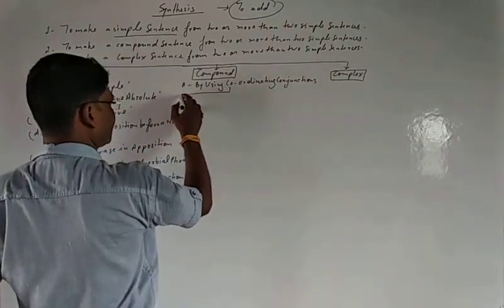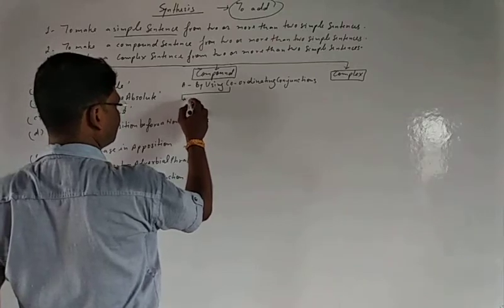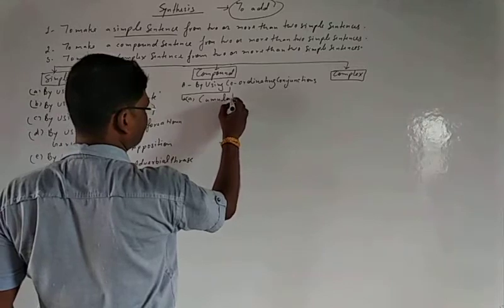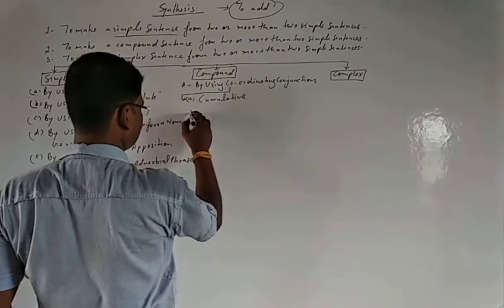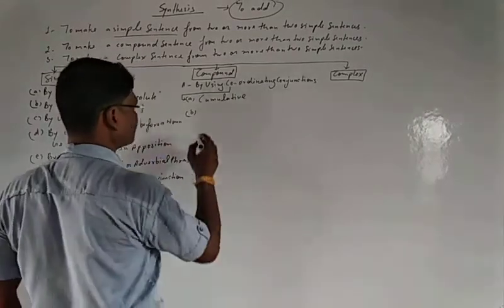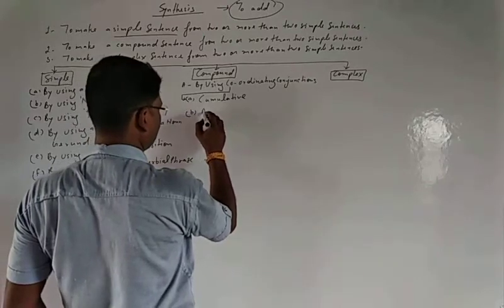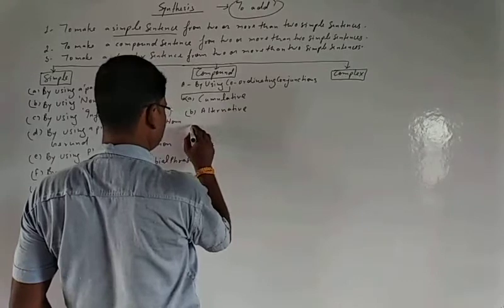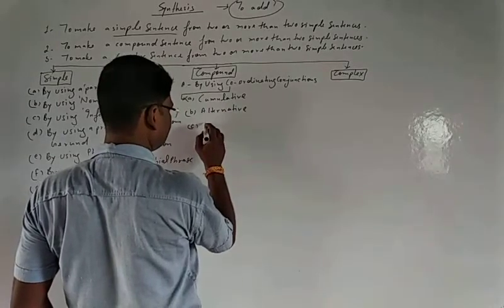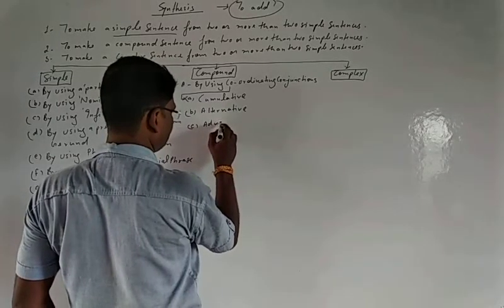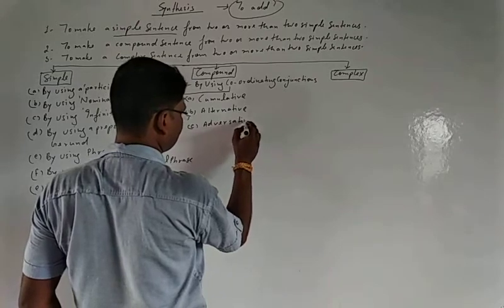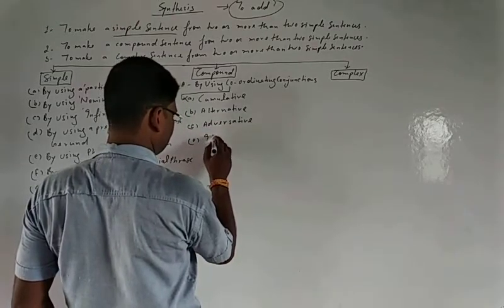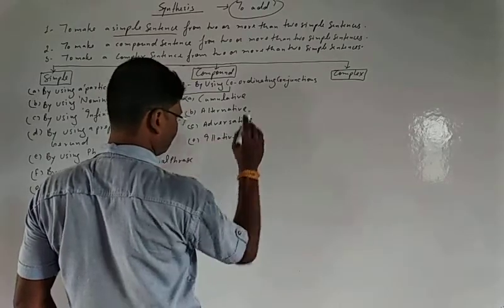Coordinating conjunctions are, first, cumulative, second, alternative, third, adversative, and fourth, relative.